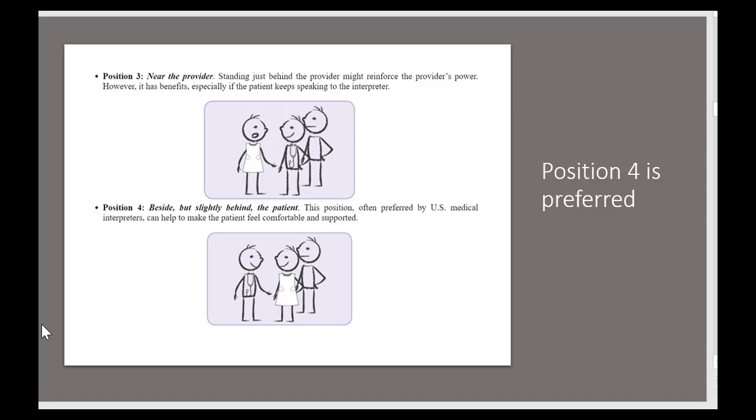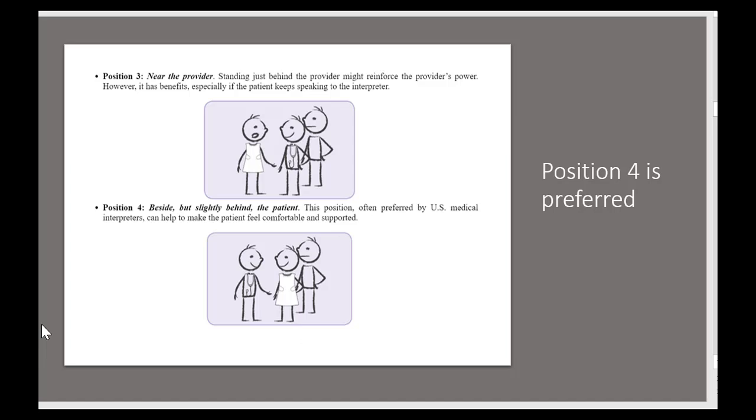Also, it makes the patient not feel outnumbered. Now, you're also slightly behind, and the goal of that is to have the patient be in front and closest to the provider, so that it guides them to look at each other and not at you, the interpreter. So again, to support direct communication.